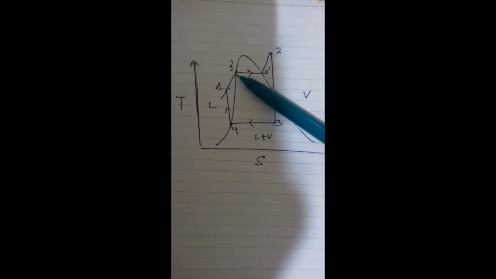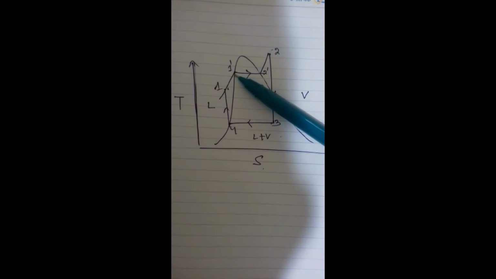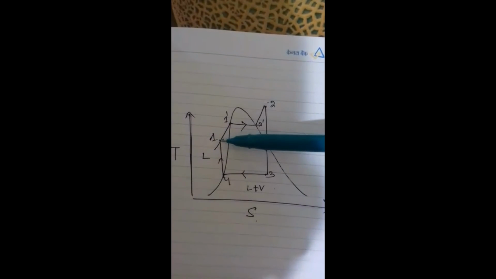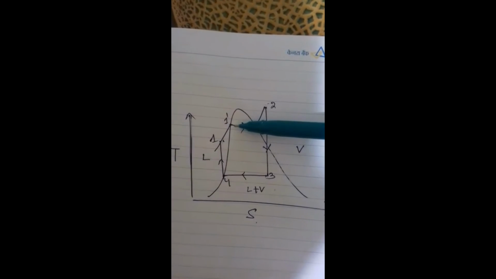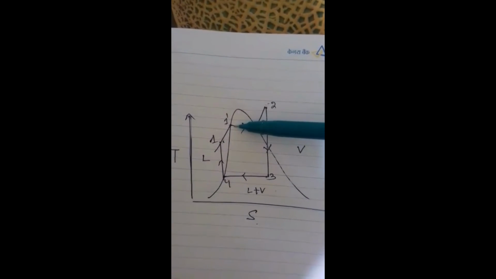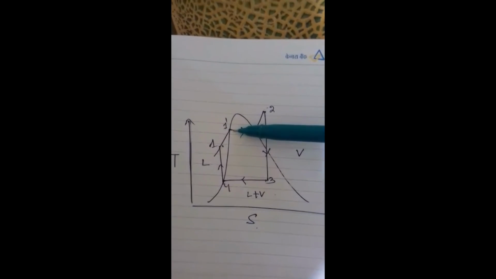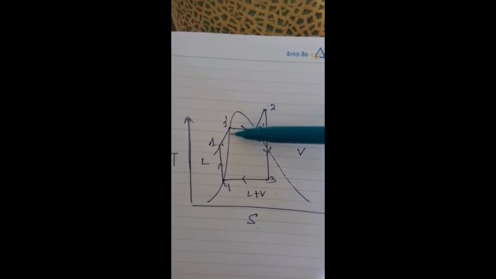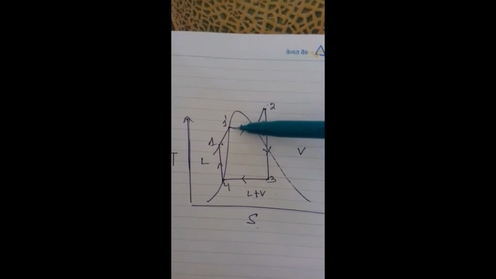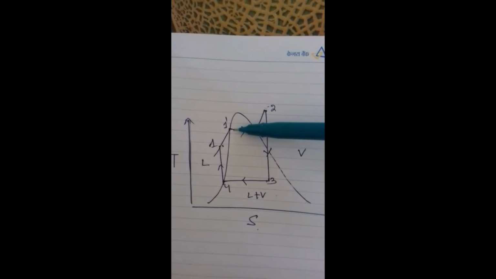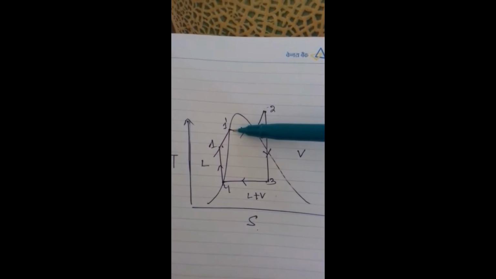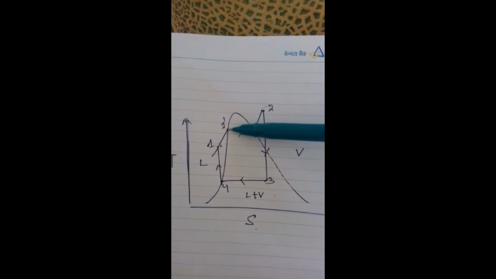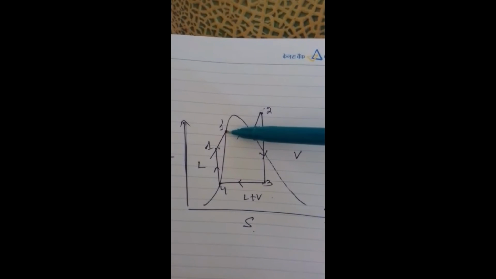Sensible heat addition takes place in the water in the boiler, and when the saturation temperature for the boiler pressure is reached, that is point 1 dash, the boiling of the water starts.